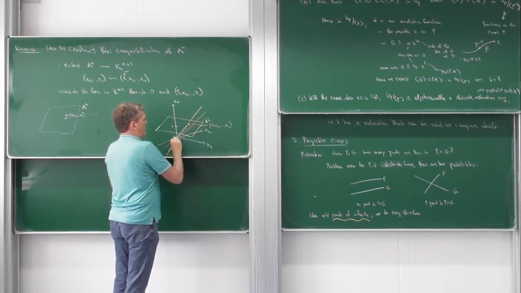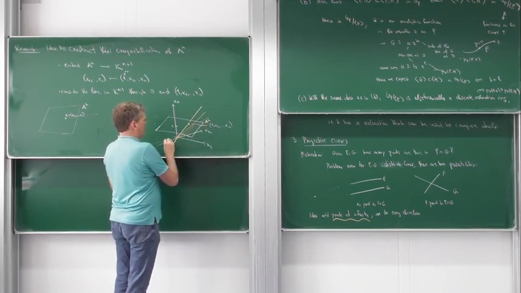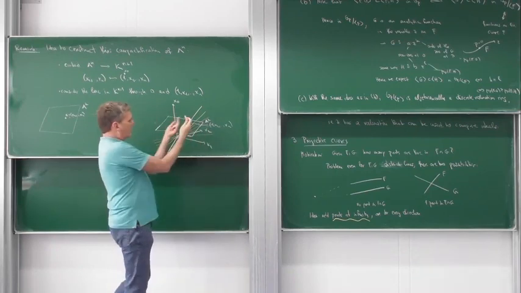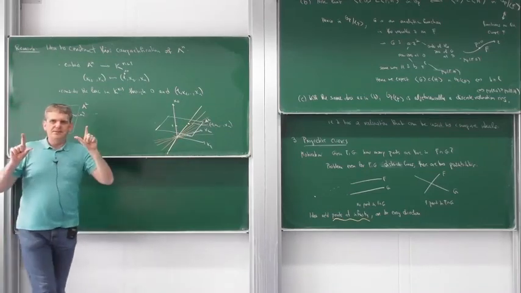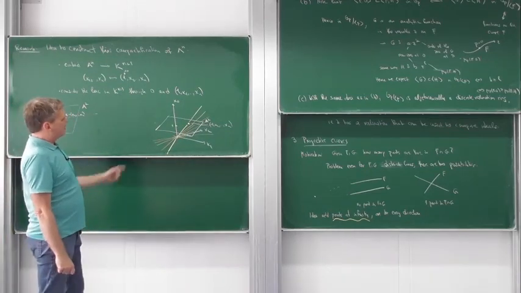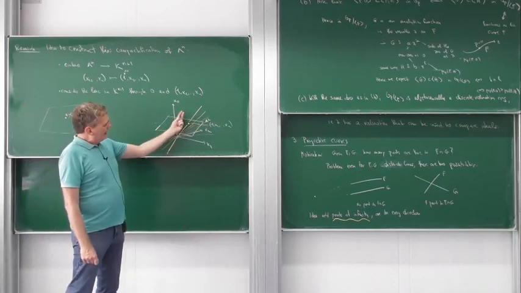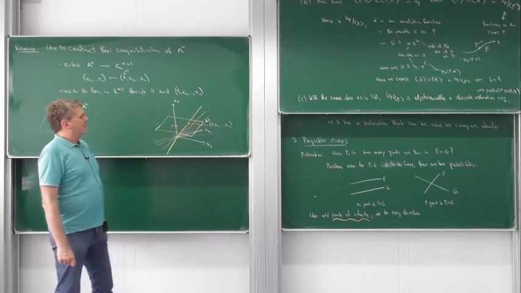That means the slope of these lines will become smaller and smaller. These are lines, they all lie in a plane. It may be hard to imagine this three-dimensional space, but they will be in a plane and have smaller and smaller slope.